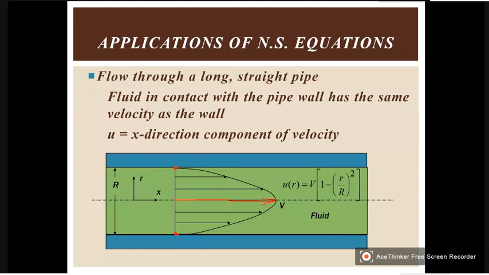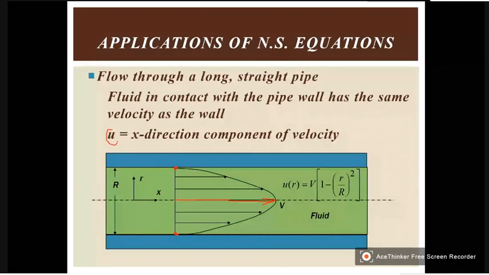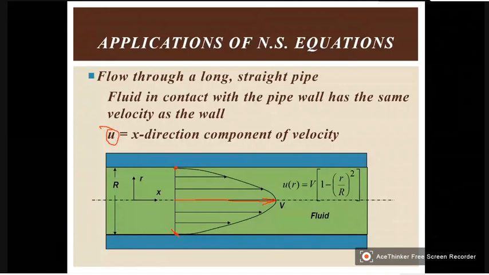So this is the next case. Flow through a long straight pipe. Now we are considering x direction and the velocity is indicated by u. Now this velocity u, as I told, will be 0 at this and at this.